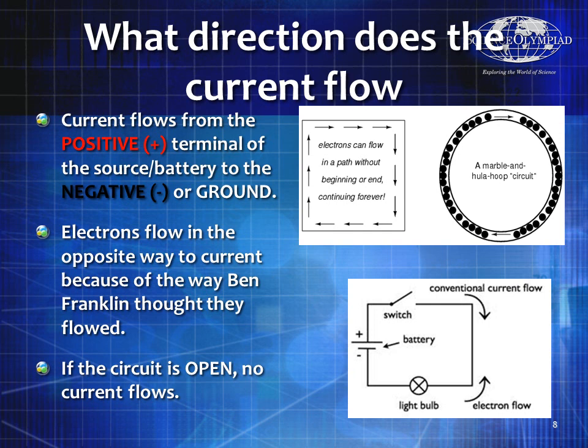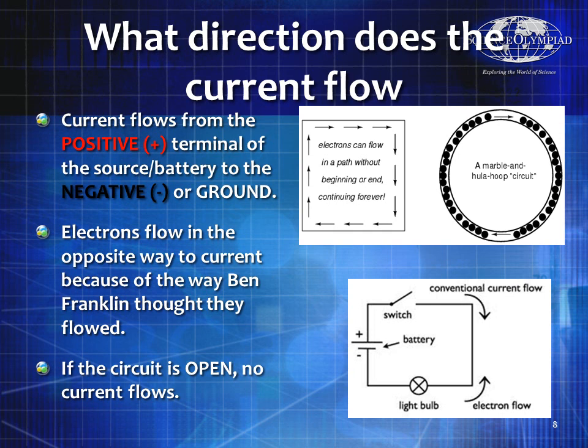So what direction does the current flow? The current flows from the positive terminal of the source to the negative terminal, or ground. Think of it using that marble situation, as a hula hoop where the marbles are all going around.